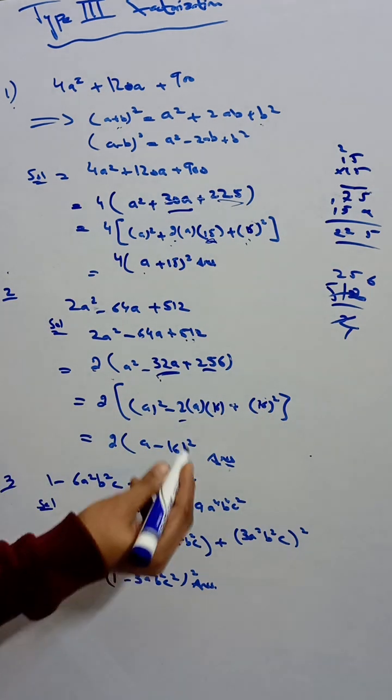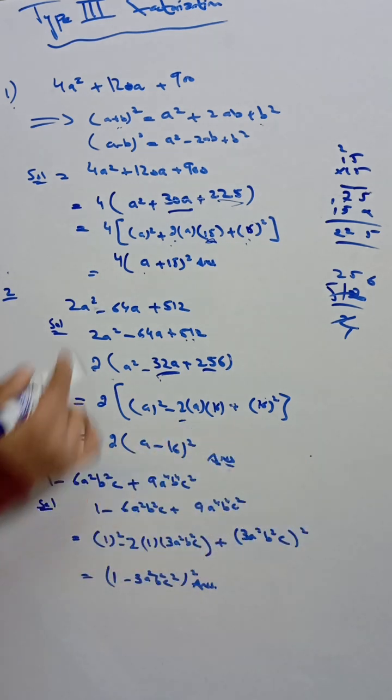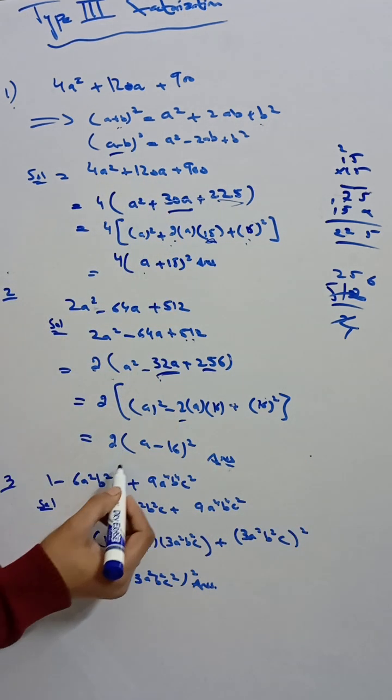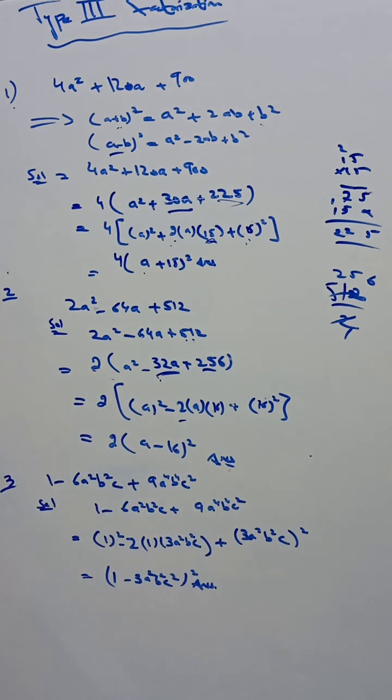So it becomes on the left hand side A minus B whole square, so it becomes A minus 16 whole square. Answer.